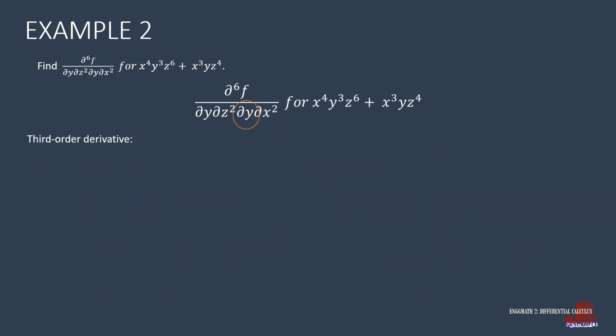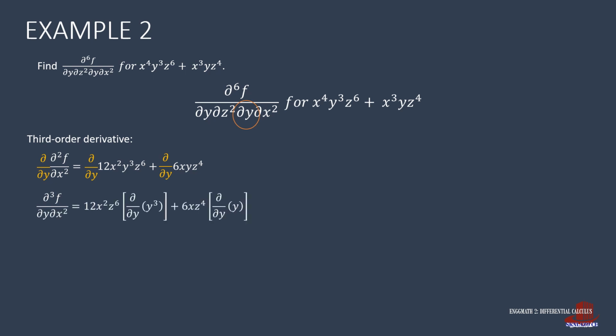Continue to the third derivative, which is with respect to y, being 12x squared z raised to 6 times the derivative of y cubed plus 6x times z raised to 4 times the derivative of y, where dy over dy is 1.